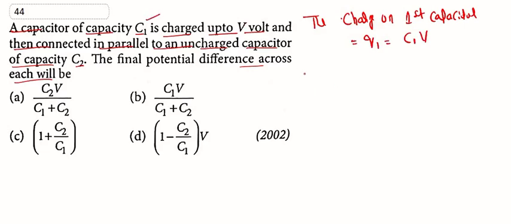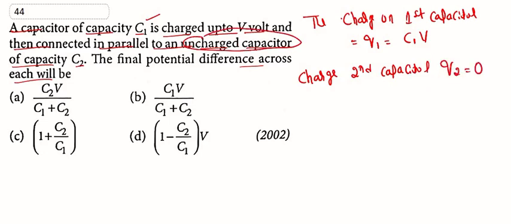What is the charge on the second capacitor? It is connected in parallel to the uncharged capacitor, so Q2 becomes 0, because it is an uncharged capacitor.